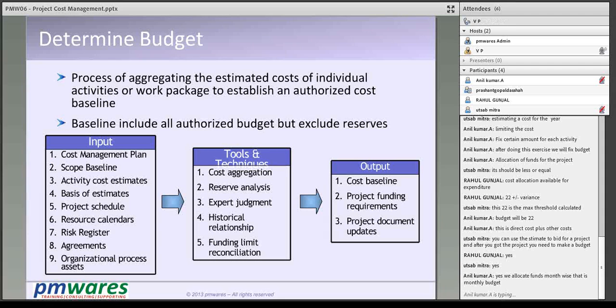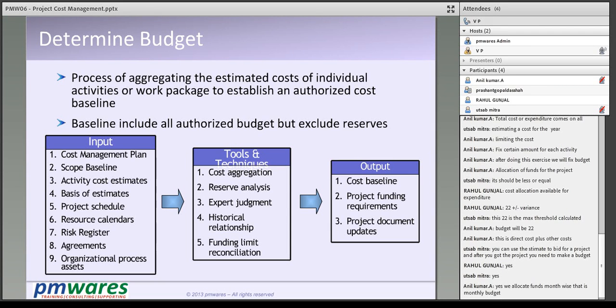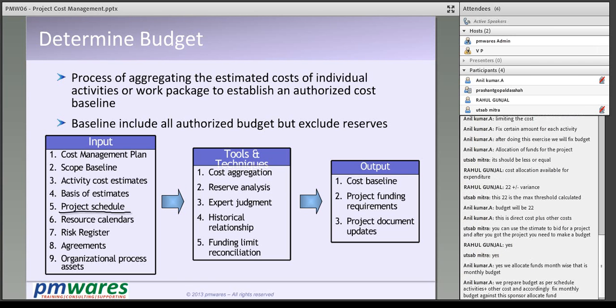Okay, so in budget we do a cost aggregation. Cost aggregation is basically an extended activity of the cost estimation. We do some reserve analysis, and based on our project schedule and the activity cost estimates, these two things come together.